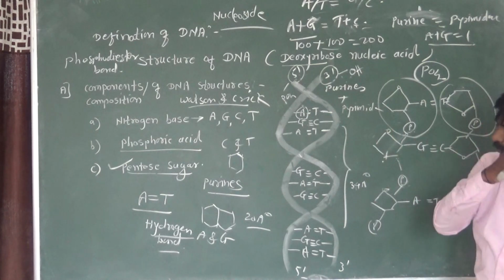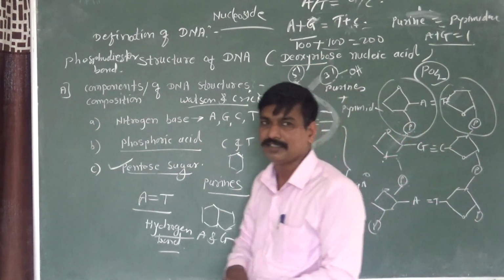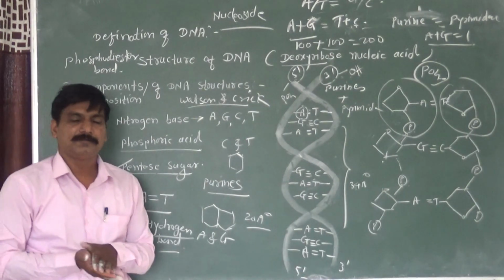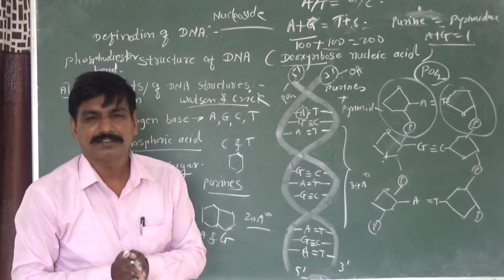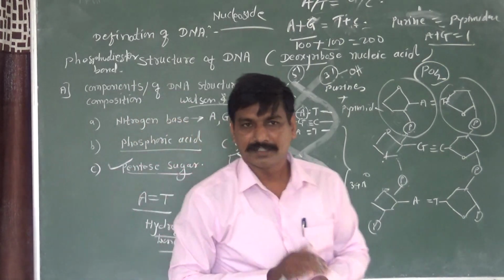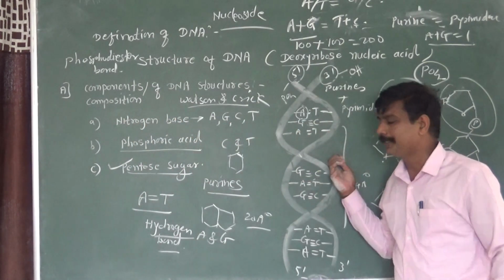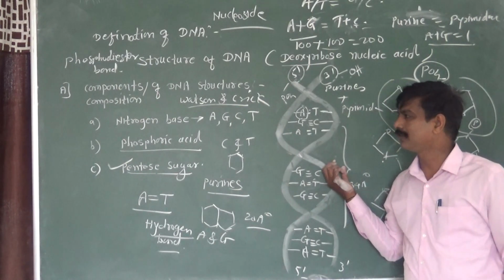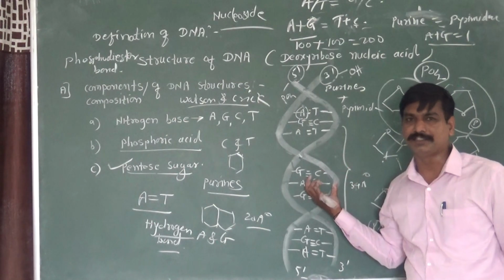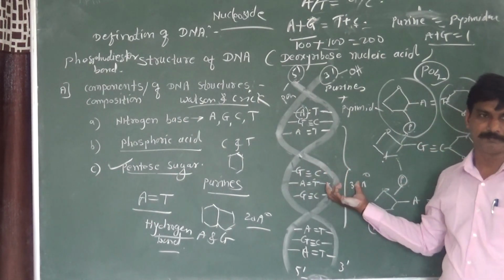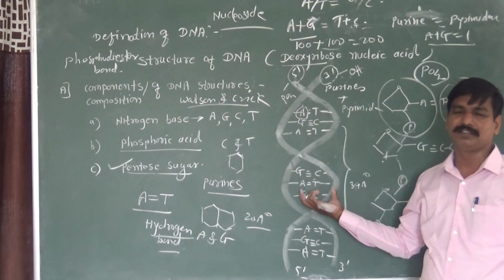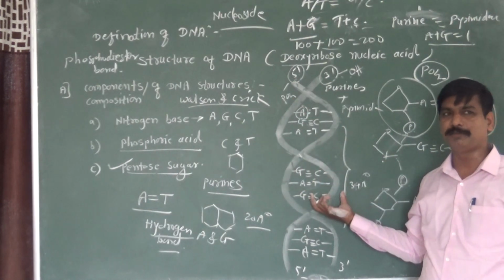The structure of DNA is an important topic for all students, and it is easy to understand based on the composition of DNA: nitrogen bases, phosphoric acid and pentose sugar. This is the Watson and Crick model, and the two strands are antiparallel.